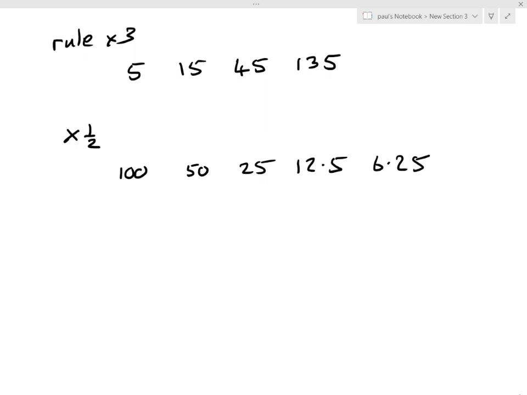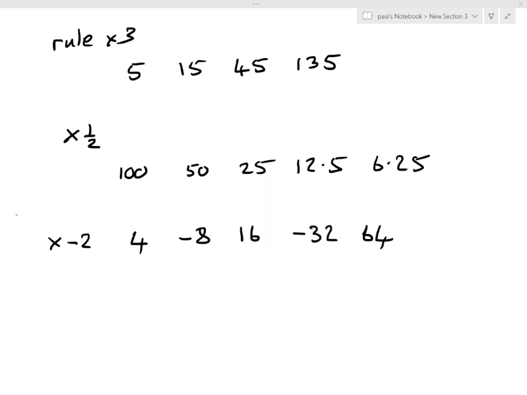We can have a rule that multiplies by minus 2. Let's start with 4. 4 times minus 2 is minus 8. Minus 2 times minus 8 is plus 16. Minus 32, plus 64. So we go plus, minus, and there are the rules for a geometric sequence.